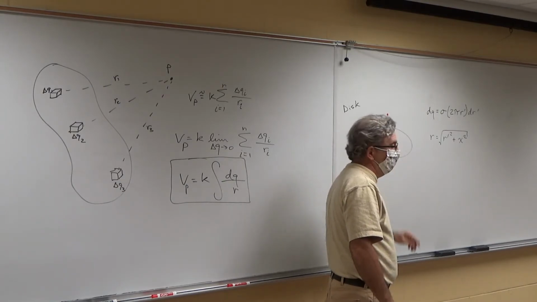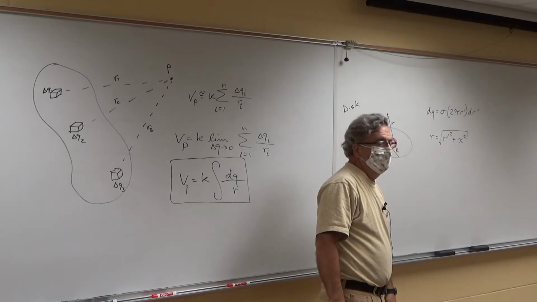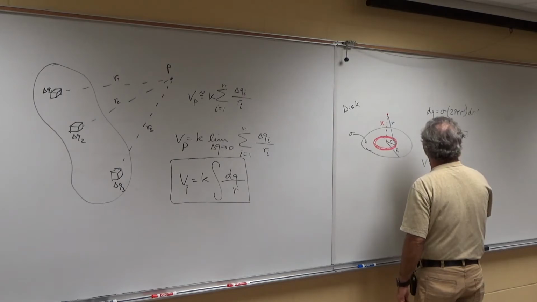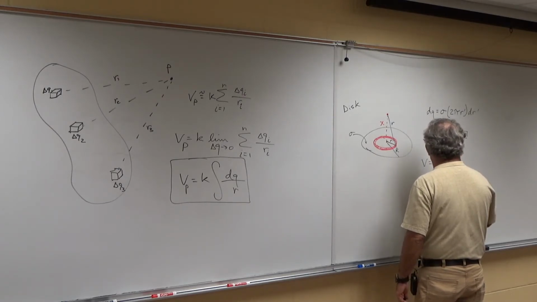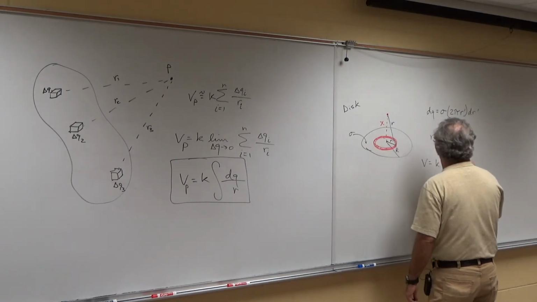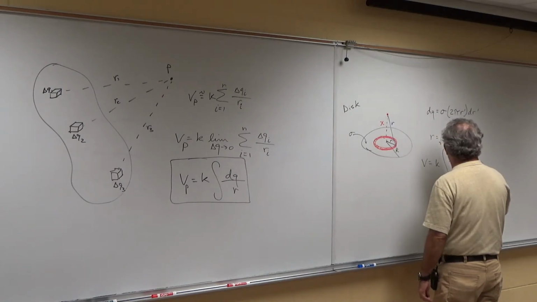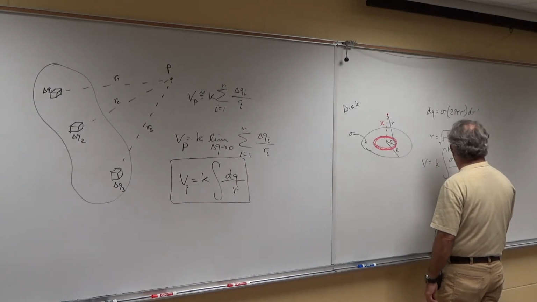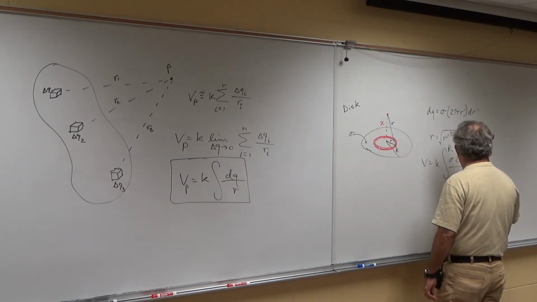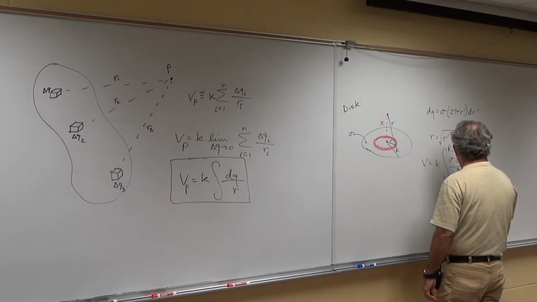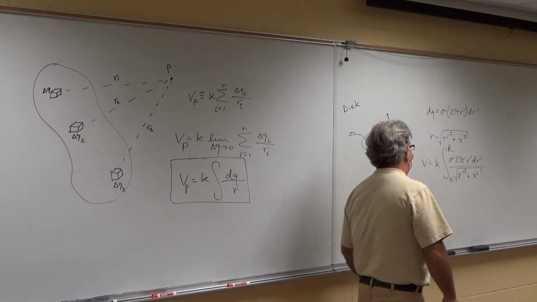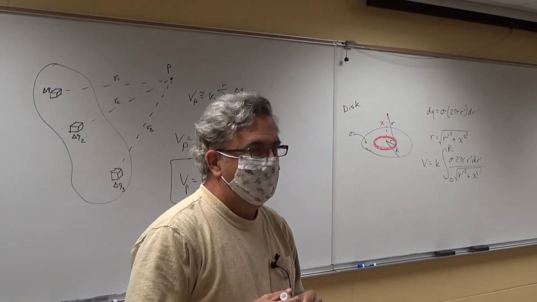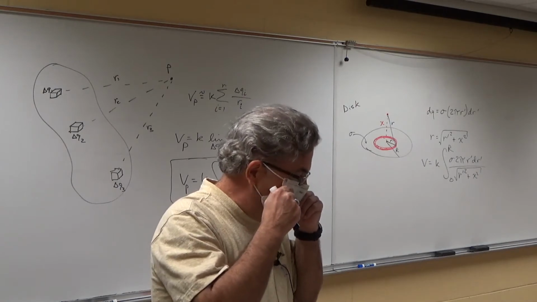That's going to be from 0 to capital R. So V is equal to k times the integral from 0 to R of sigma 2 pi r prime dr prime divided by the square root of r prime squared plus x squared. I expect you to be able to get to that point. But we're going to go ahead and actually do the integral.